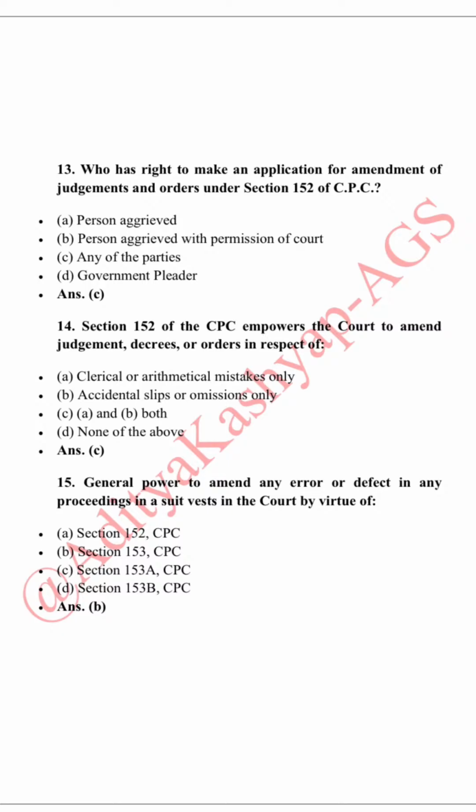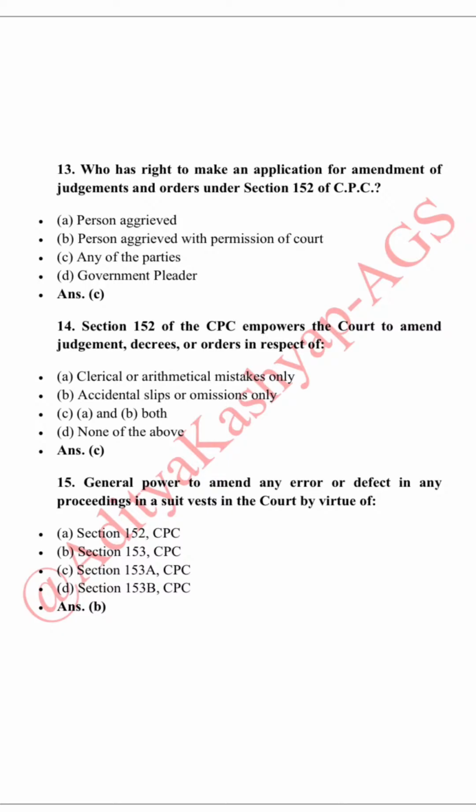Under section 152 of CPC, anyone can file the application for amendment, both parties can, right? Either the plaintiff or the defendant. Okay. So 152 of CPC empowers the court to amend judgment, decree, or order. It is related to clerical, arithmetical mistake only, and accidental slip or omission only. So both will be correct, right?